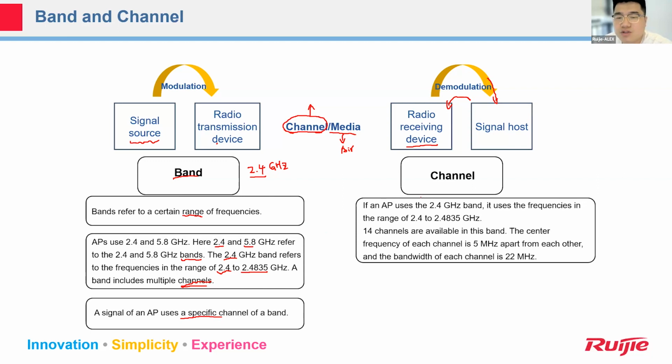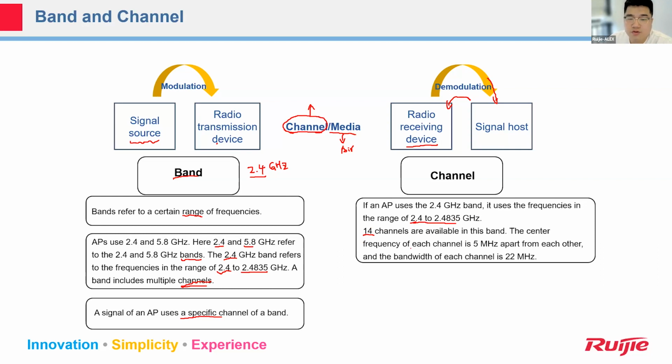If an AP uses the 2.4 gigahertz band, it uses the frequencies in this range. We have mentioned it. And in this range, we have 14 available channels. 14 available channels. But how can we distinguish the frequencies in this range? There must be a rule. Here comes the rule.